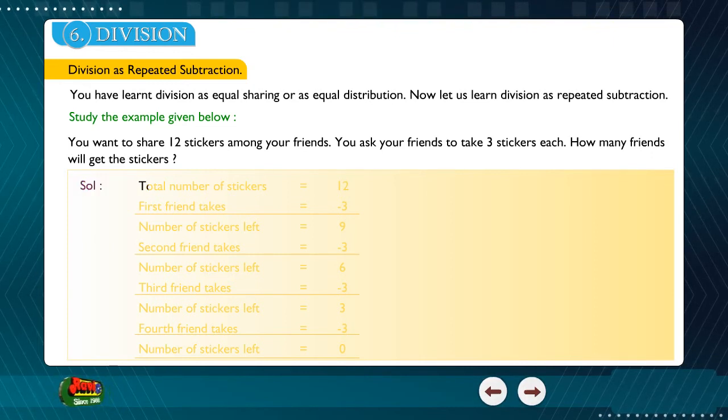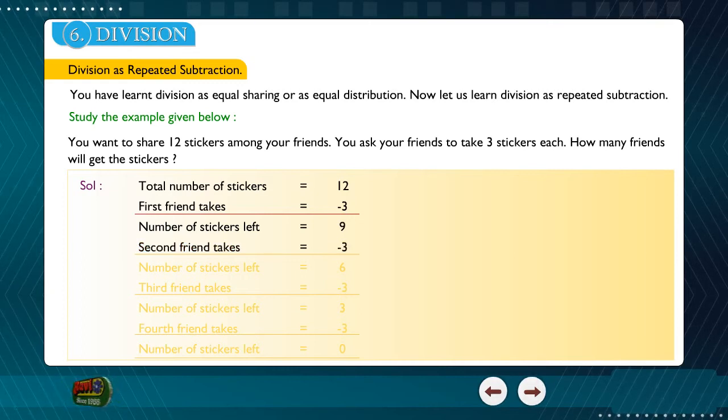Solution. Total number of stickers 12. First friend takes 3. Number of stickers left 12 minus 3 is 9. Second friend takes 3. Number of stickers left 9 minus 3 is 6.